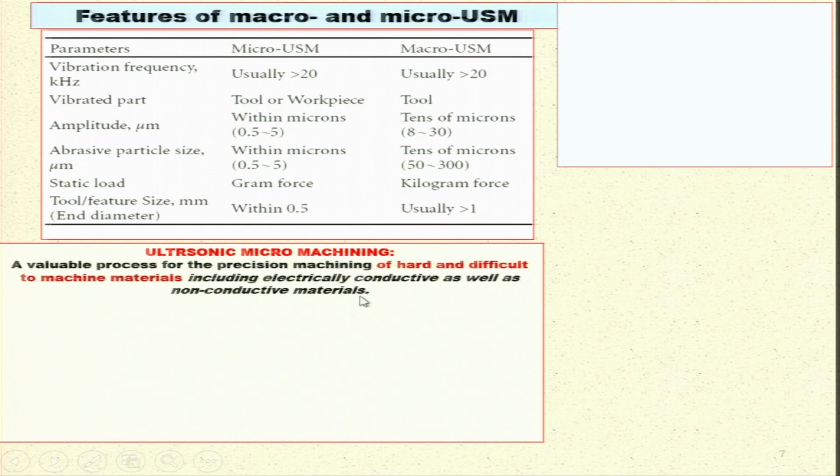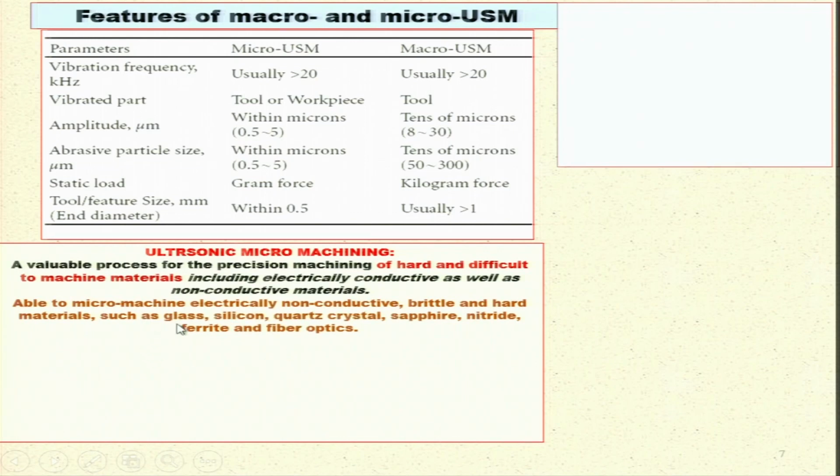Ultrasonic micromachining is a valuable process for the precision machining of hard and difficult to machine materials, including electrically conductive as well as electrically non-conductive materials. This is a very special characteristic of this process. There is no constraint on the electrical conductivity of the workpiece material.